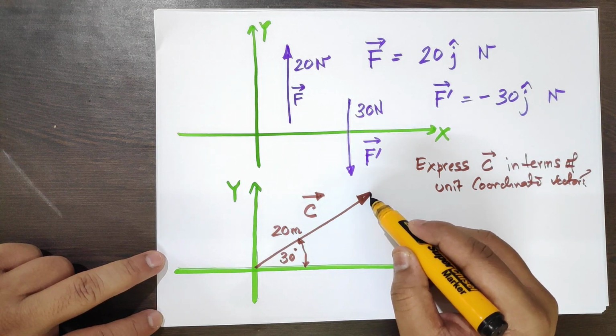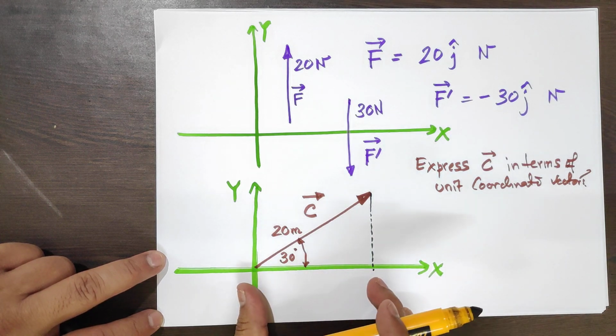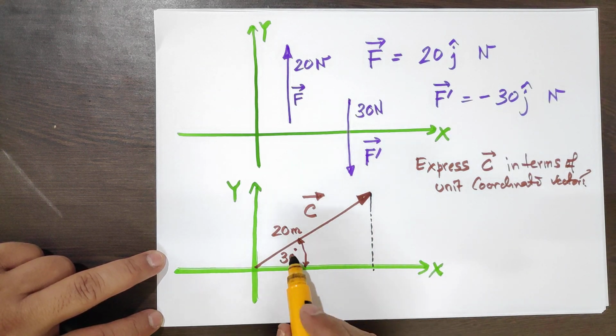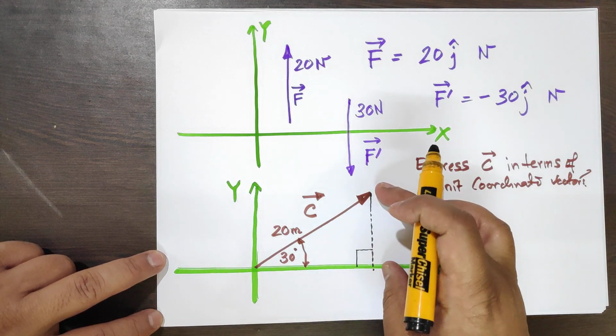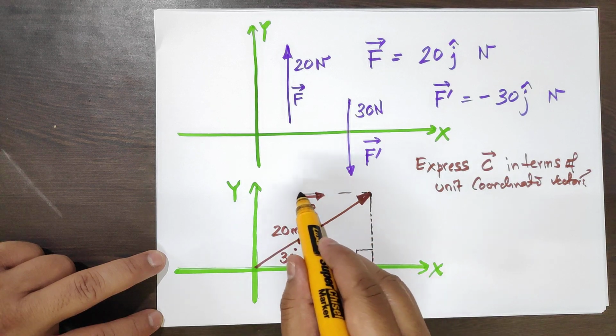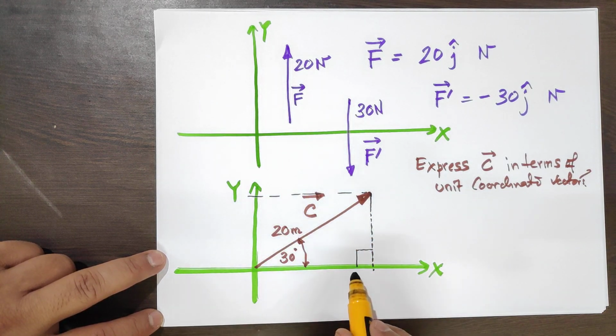See, this one draw perpendicular. Now this is the x component. How much is it? 20 cos 30. And this is the y component. Okay, so this length is how much? This length is 10 root 3.